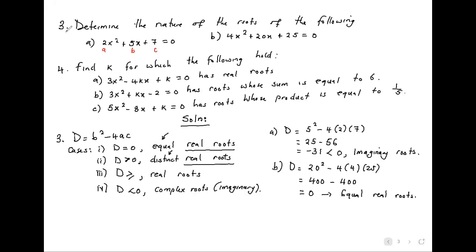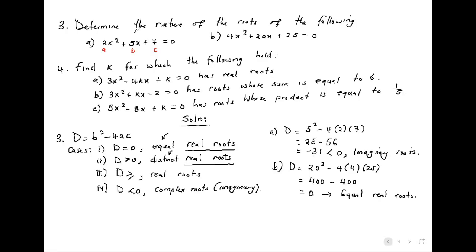Question 4, part 1. Find k for which the following holds. That is A. 3x squared minus 4kx plus k is equal to 0 has real roots.